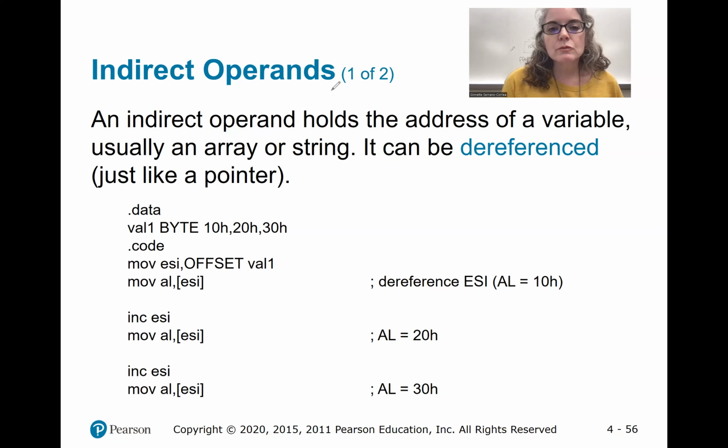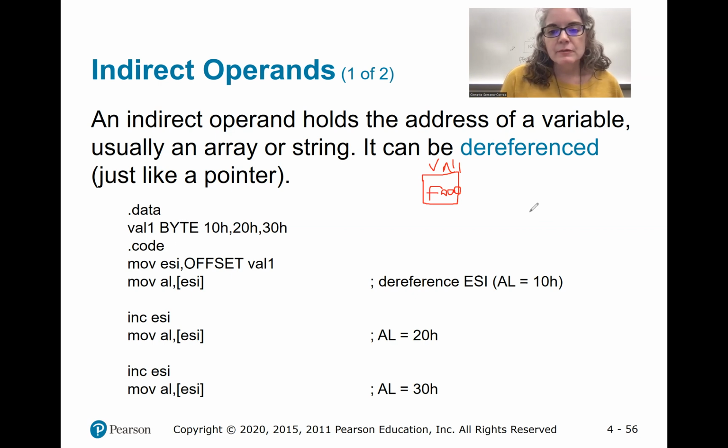And I want to show you what that looks like. So here's val1. Let's say that it lives at, just to make this short, FF00. This is the offset where it lives. This is the address.